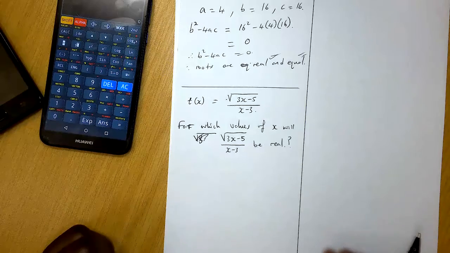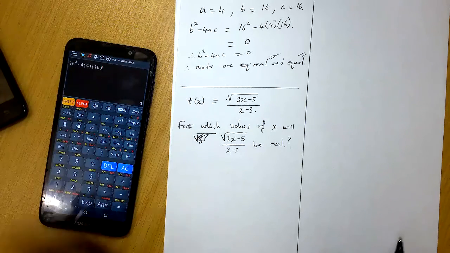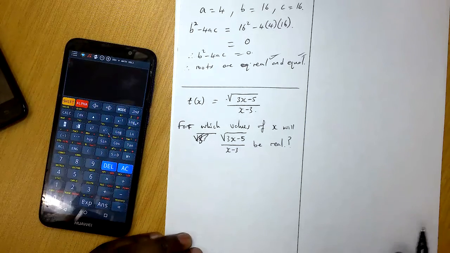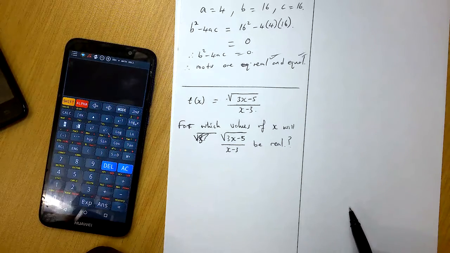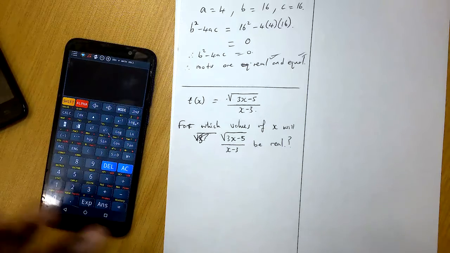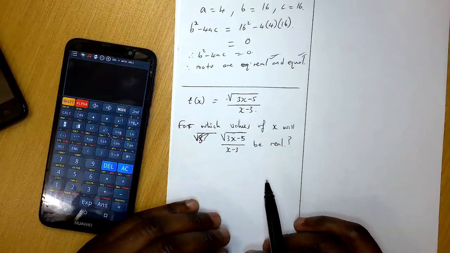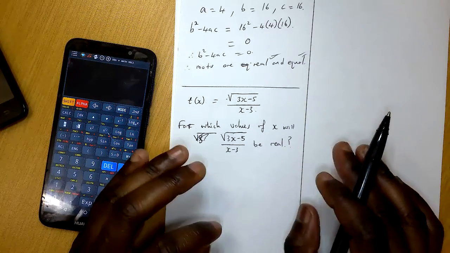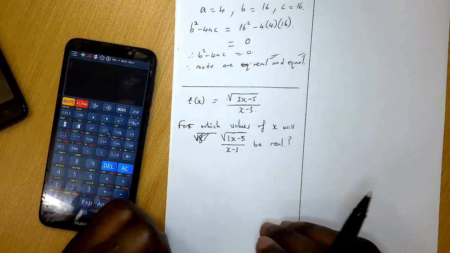So here's a question. Here's a question saying t(x) is equal to the root of 3x minus 5 over x minus 3. Now here, for which values of x will the root of 3x minus 5 be real? So you know that whenever you're given anything in this form, where they ask you for which values of k or x will that be real, or equal, you don't need to worry.